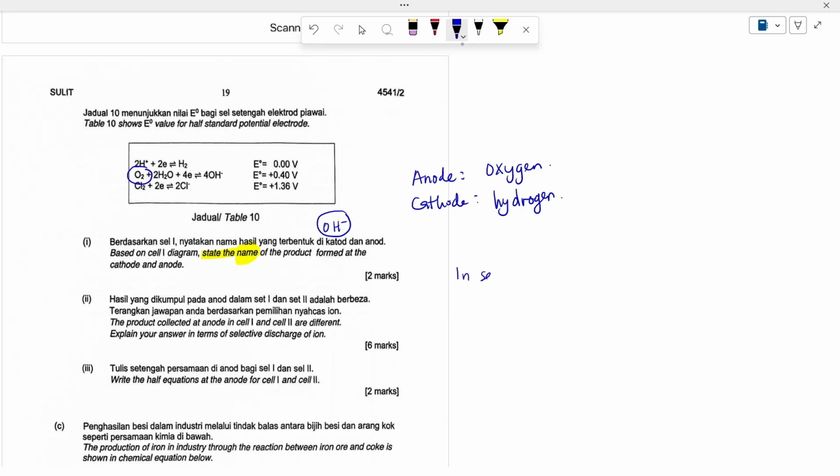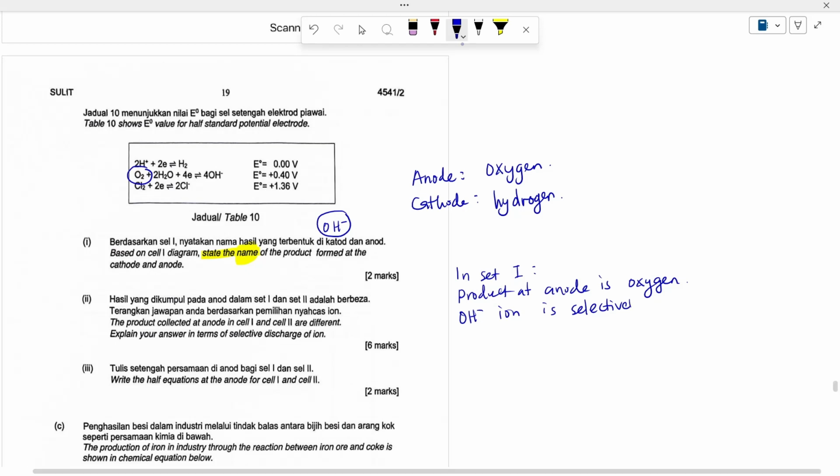In set 1, the product at the anode is oxygen. Why? Because hydroxide ions are selectively discharged.